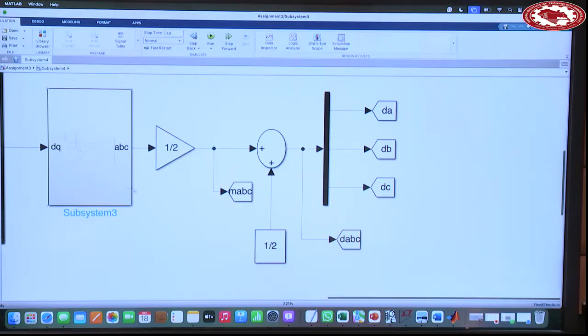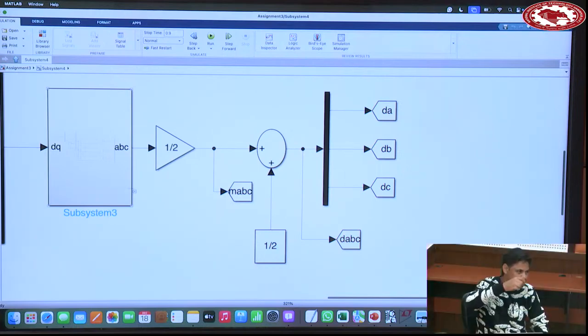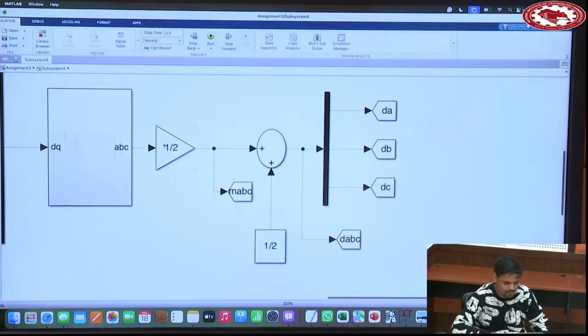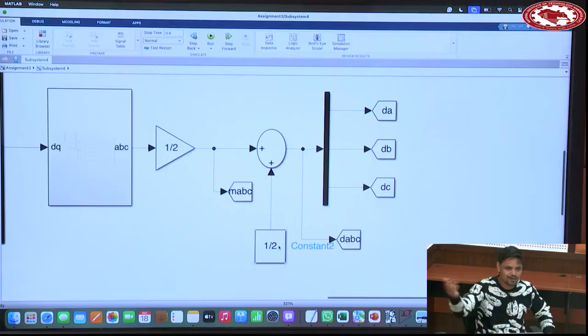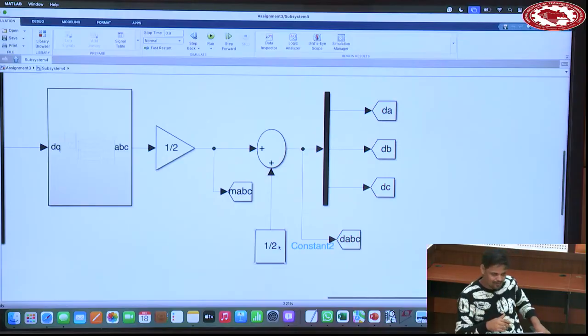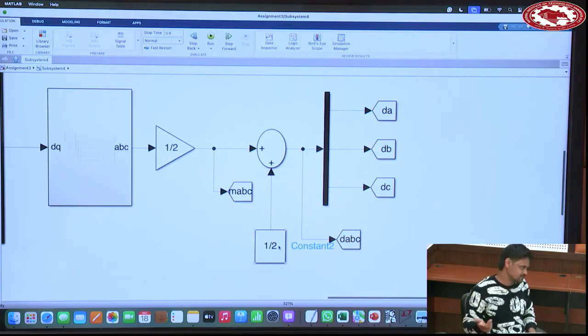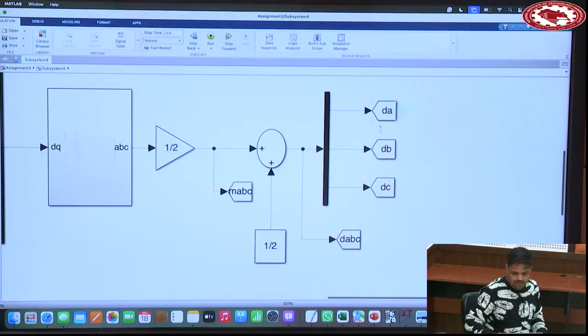You want these signals as a duty ratio, so between 0 to 1. So you pre-multiply by 1 by 2, so it is confined to -0.5 to +0.5. Then you add half. It is similar to adding 1 then multiplying by 1 by 2, or multiplying by 1 by 2 first and then adding half. You will get DA, DB, DC.